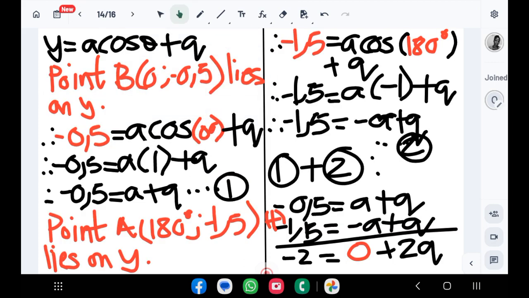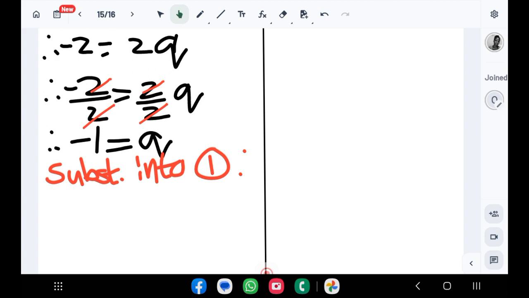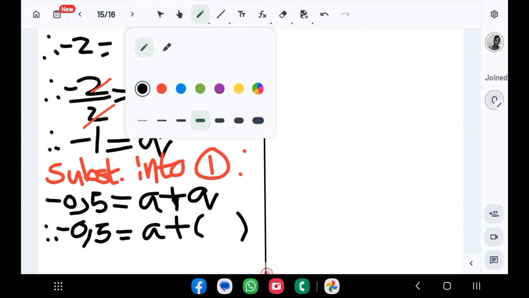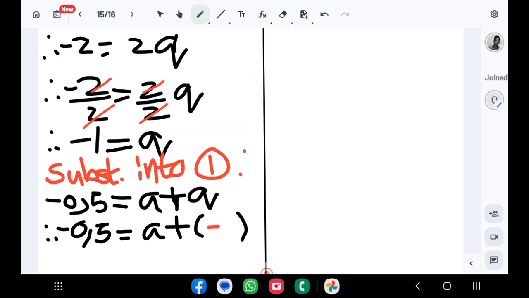Equation 1 is negative 0,5 equals a plus q. So we substitute the q, which is negative 1. Therefore, negative 0,5 equals a plus negative 1, that is negative 1 for q.